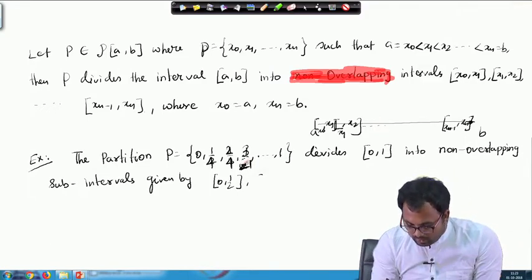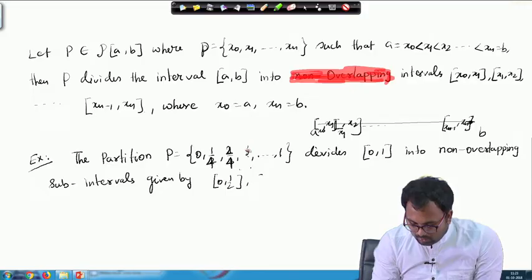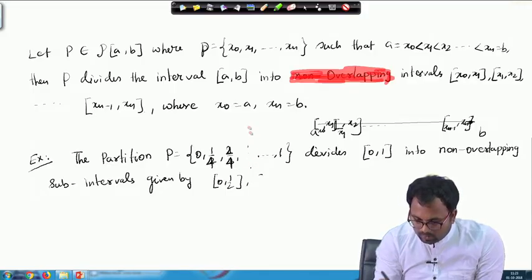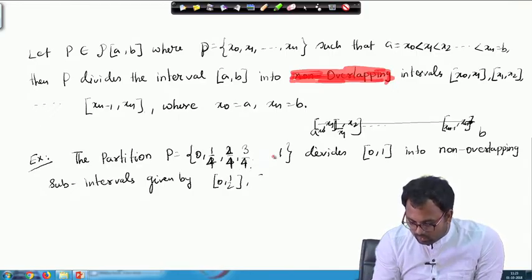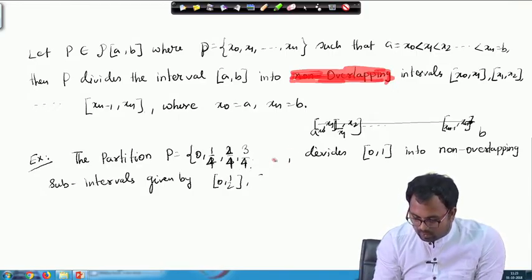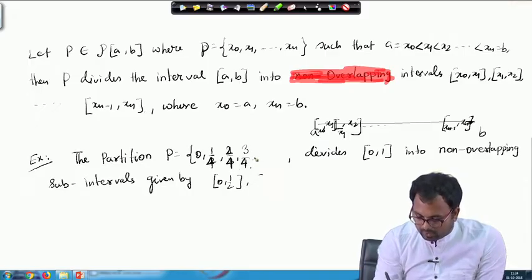So let's say you have 0, 1 by 4, 2 by 4, and 3 by 4, and then I am taking the end point as 1, just to make the concepts a little bit clear instead of complicating it.